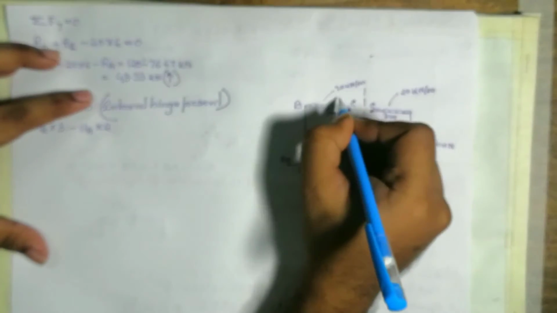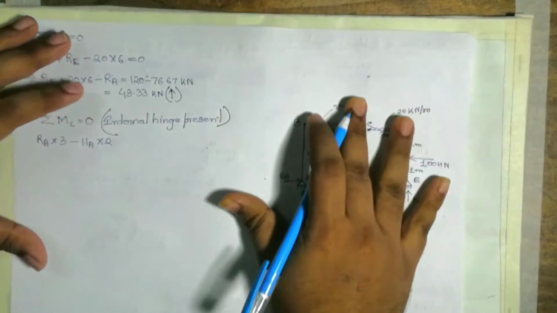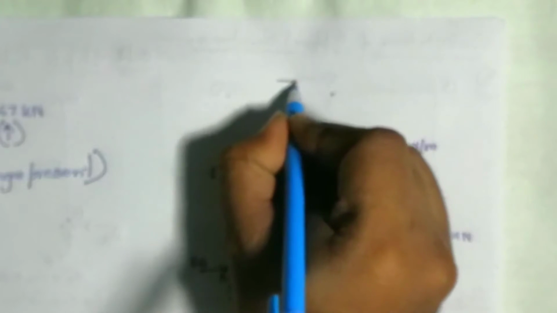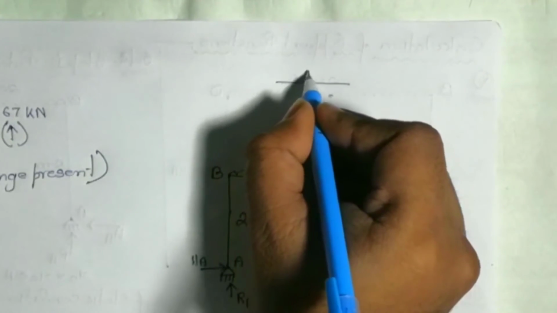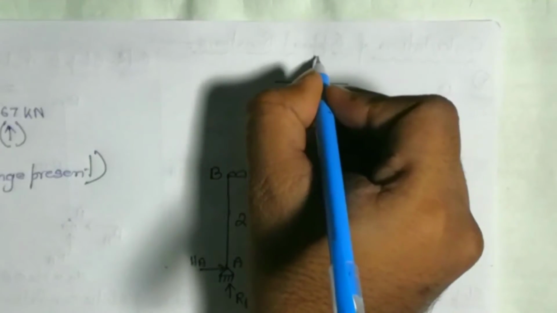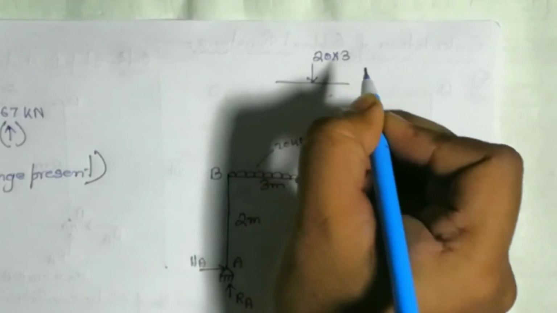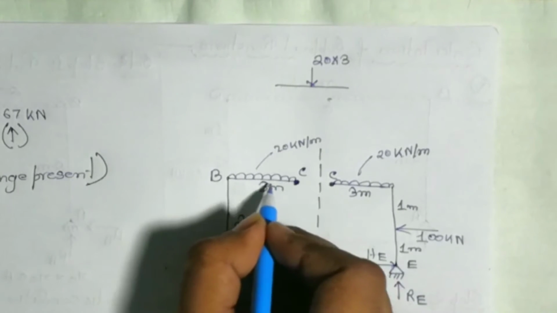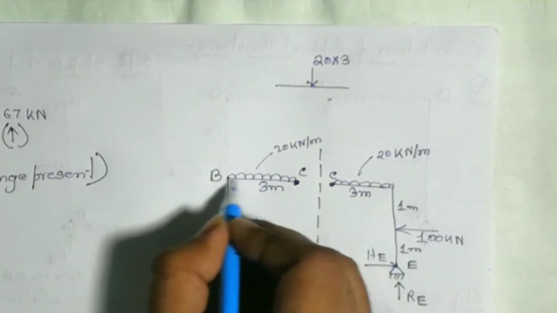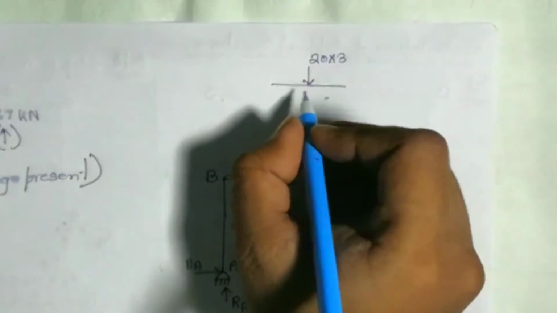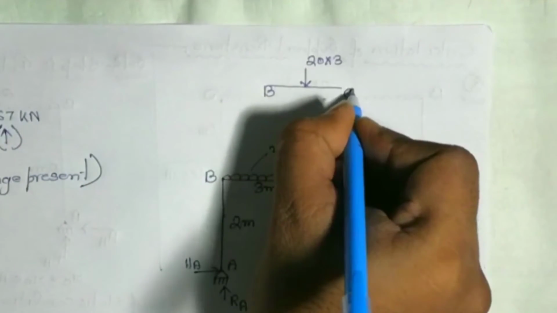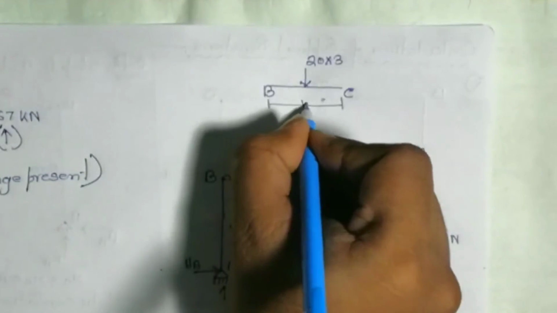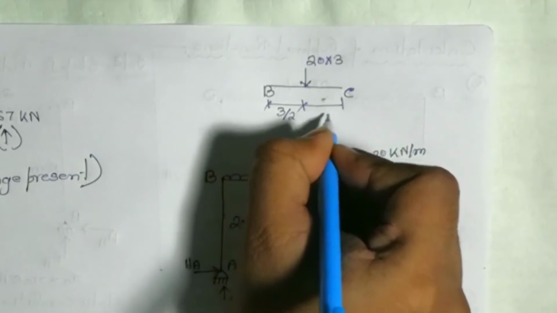Now for this particular load, 20 kilonewton per meter from point C, we are going to convert it to a point load, 20 into 3, acting at the centroid, or the center of this considered span. If this is B and this is C, its distance is given by 3 by 2.